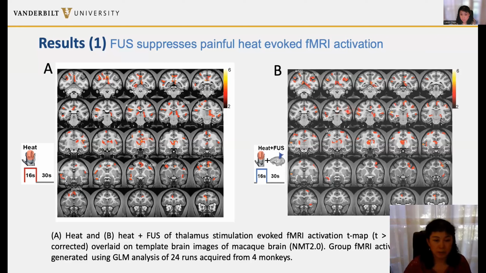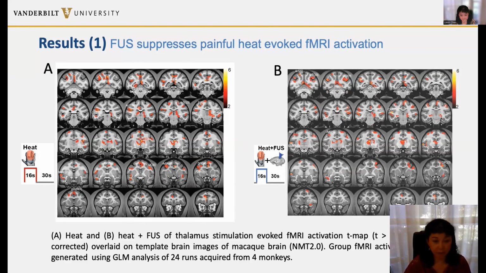You can probably appreciate the overall number of activations is smaller, and some areas of activation are suppressed and not detected. For example, in this image, we have 1, 2, 3, 4 activations in the cortex, and when the thalamus response was suppressed, only 1 cluster remained.